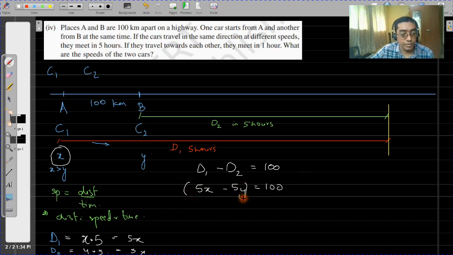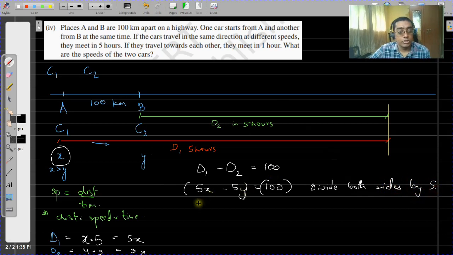So dividing both sides of the equation by 5, you get x minus y equals 20.